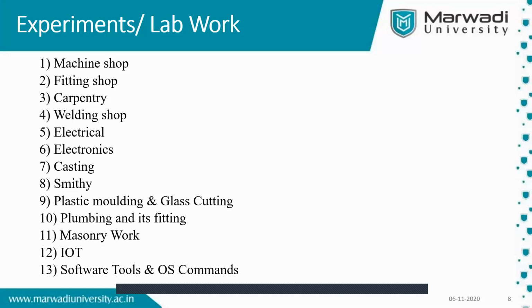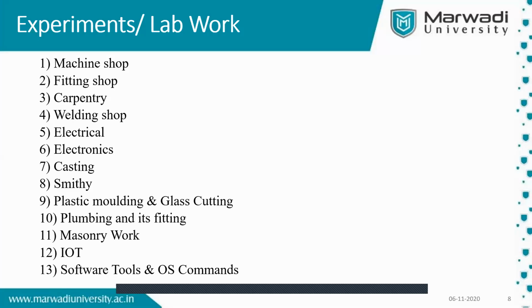Then IoT and electrical and electronics relate to the electrical department. And the last, number 13, software tool and OS command, relates to the computer department. Again, I repeat, this subject is divided among 3 faculties and 3 departments.